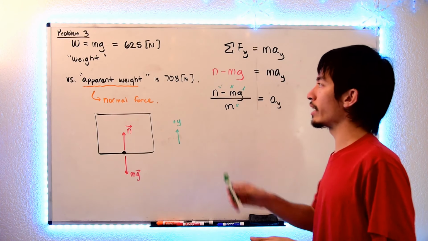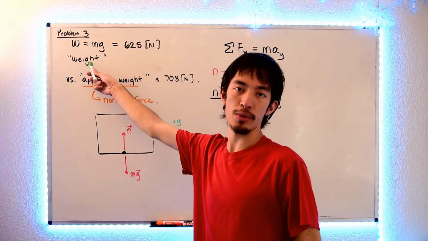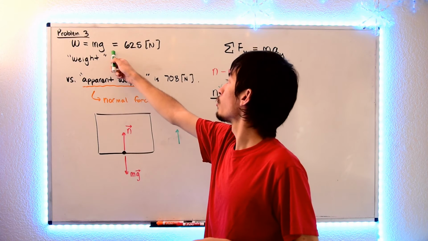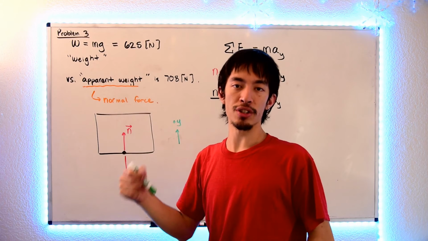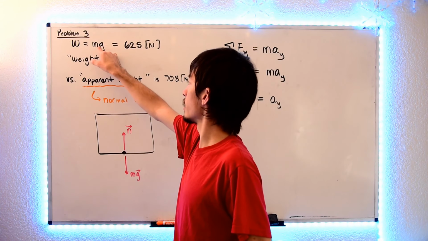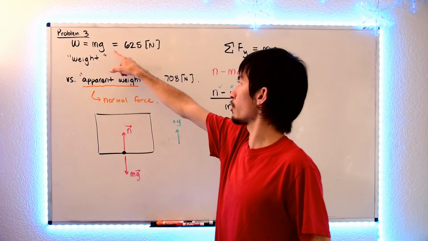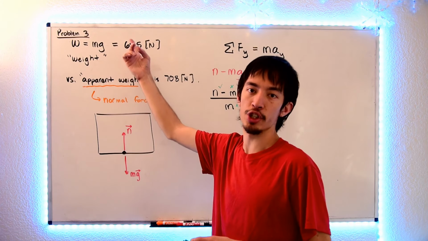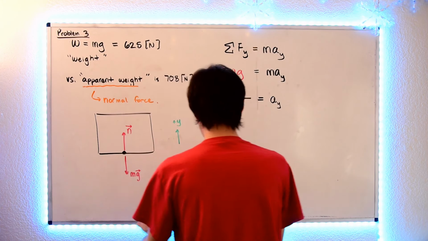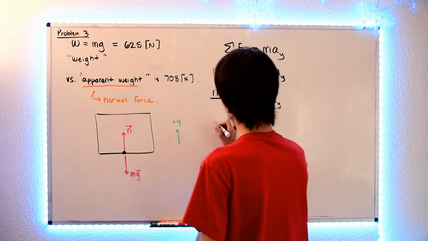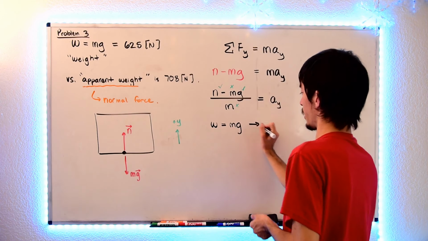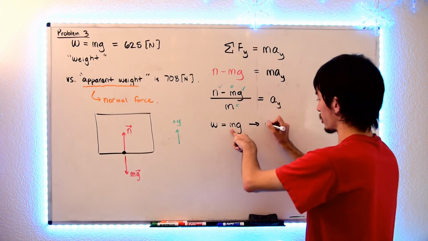But we know something that's close to the mass, which is the weight, and we know that it's just mg. So we could easily find the mass by detaching the g off of it, so it would be 625 over the value of g. Let's take the equation for the weight, W equals mg, so that if you solve it for the mass, you can easily get it.